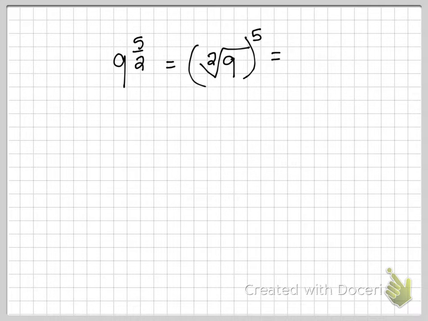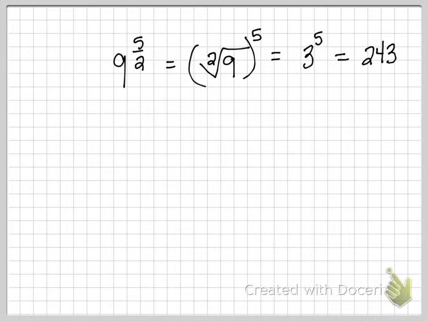The square root of 9 is 3 to the 5th power. 3 times 3 is 9, 27, 81, times 3 is 243.